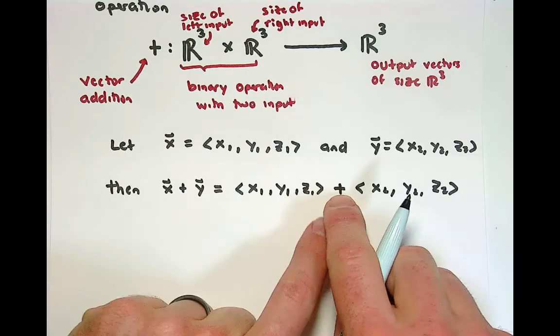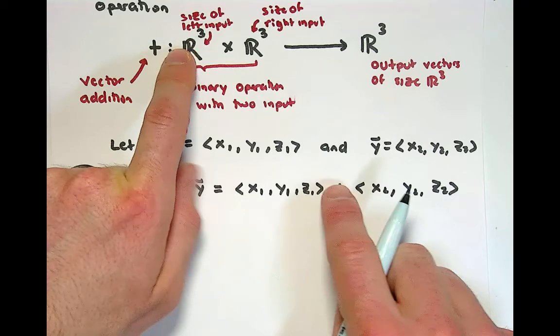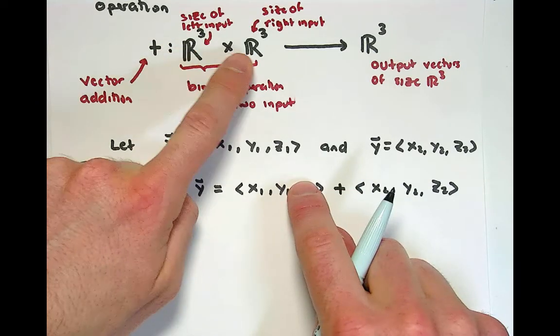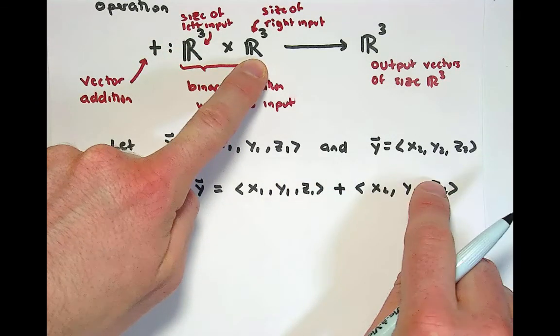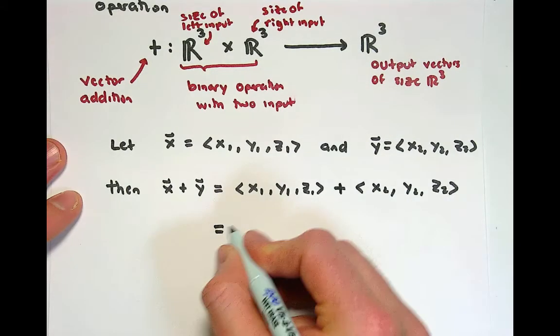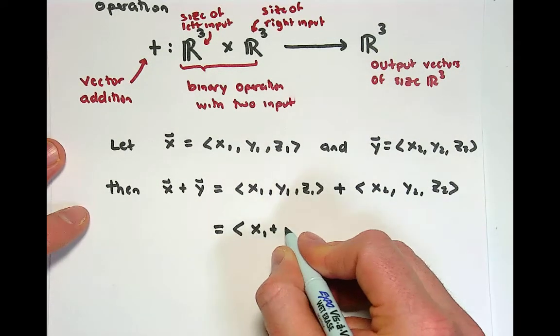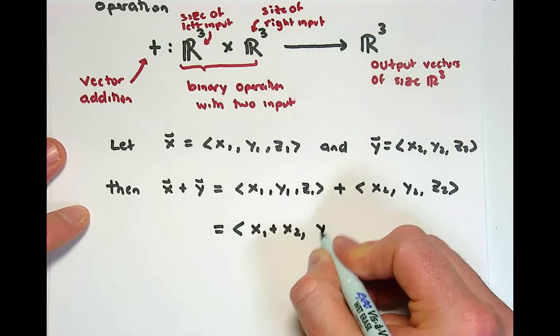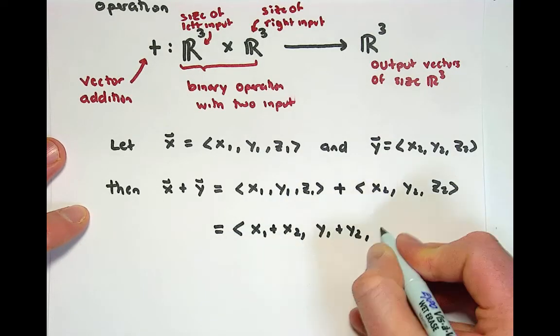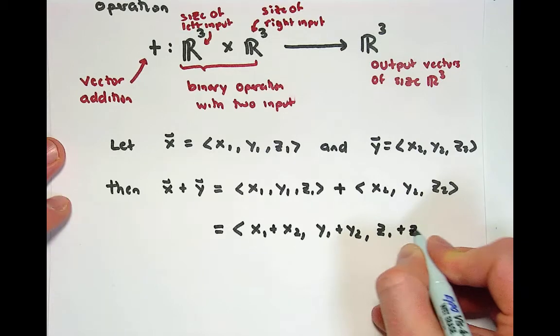You can tell this is vector addition because on the left-hand side we have a vector of R3, on the right-hand side we have a vector of R3, and the vector addition proceeds by pulling the addition into the individual components, just like we did before.